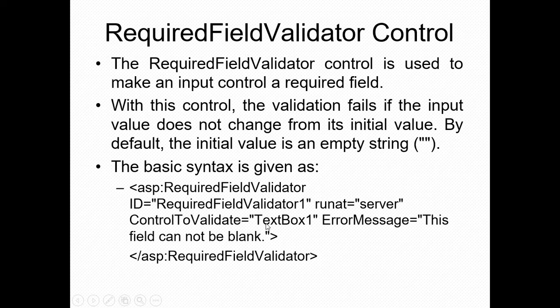My control name is TextBox1, so I want to apply the required field validator with TextBox1. The second one is ErrorMessage, which is the message you want when the validation fires, like "This field cannot be blank." The same thing we are going to apply in the practical.